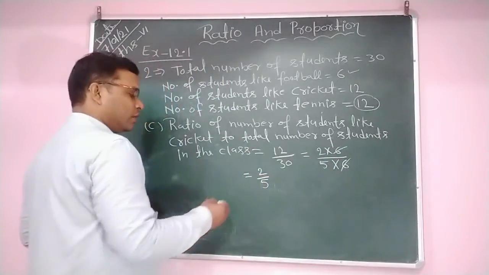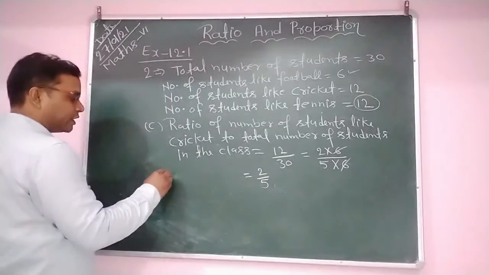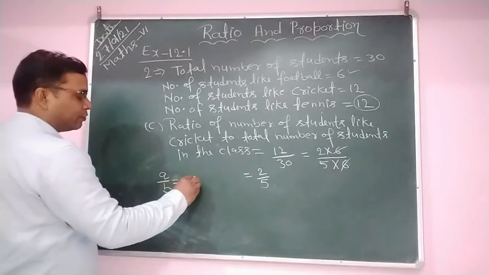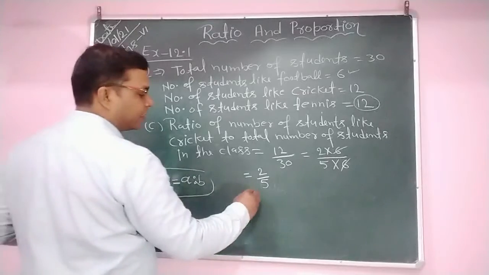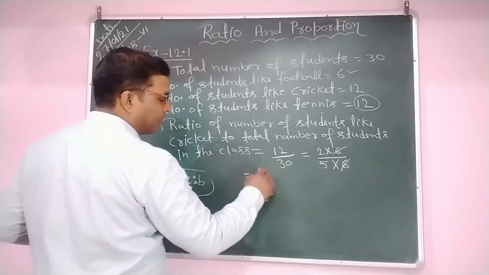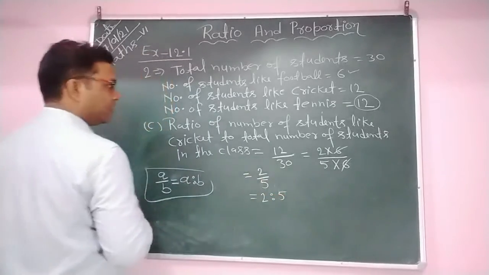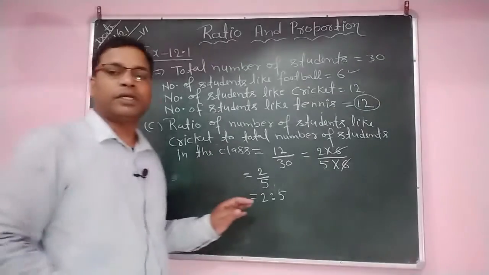Clear? As you know very well, in the previous video we already discussed, you can write A by B as A ratio B. So you can write 2 by 5 as 2 ratio 5. This is clear? So I hope students all of you understood this question.